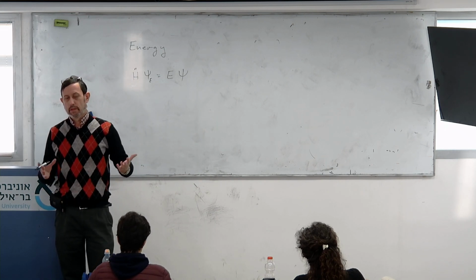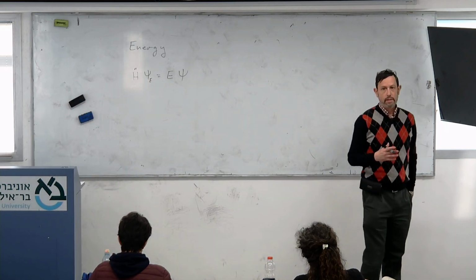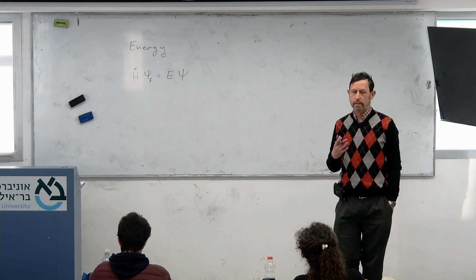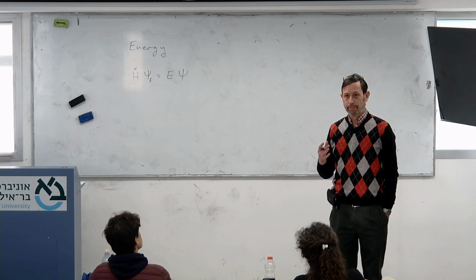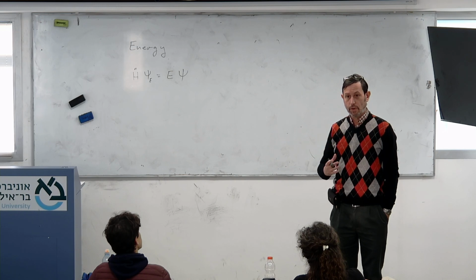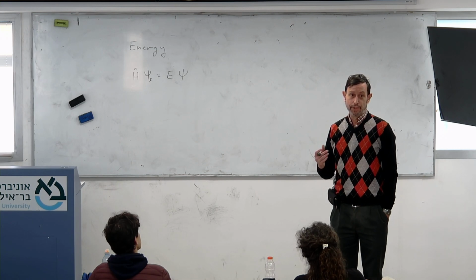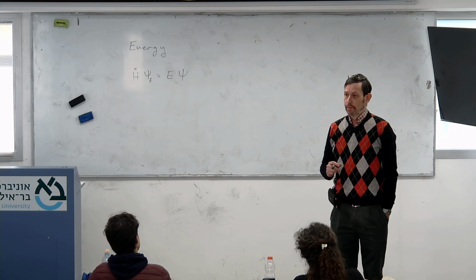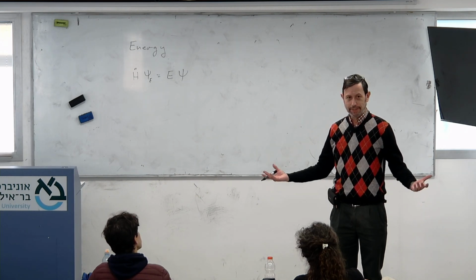So, if we ask the question, what is the spectrum of the hydrogen atom? Is it discrete or continuous? The answer would be, depends on energy. For energies below ionization energy, it's discrete.